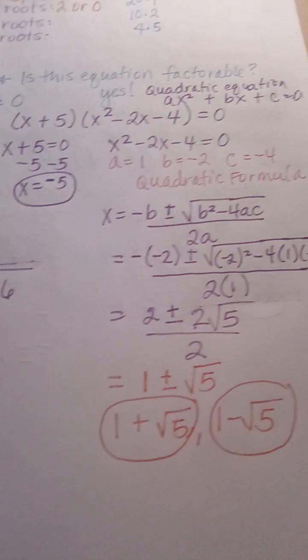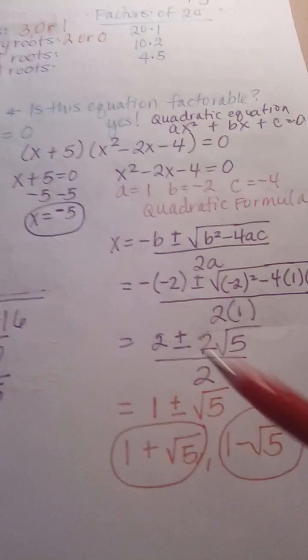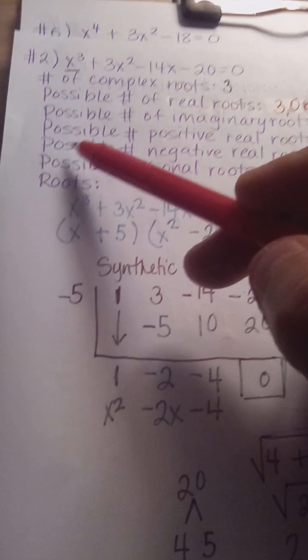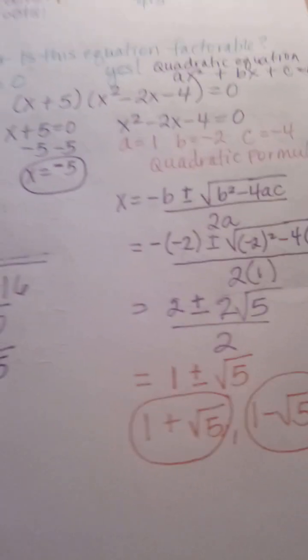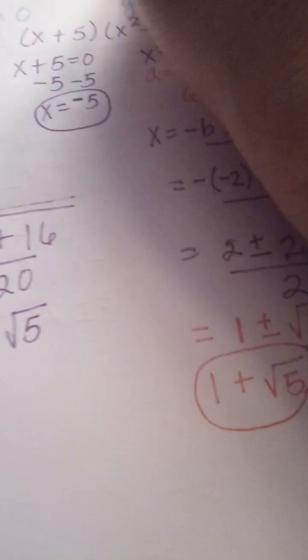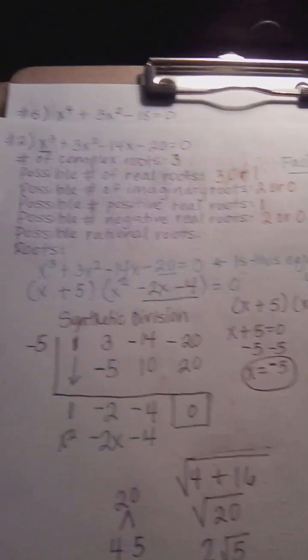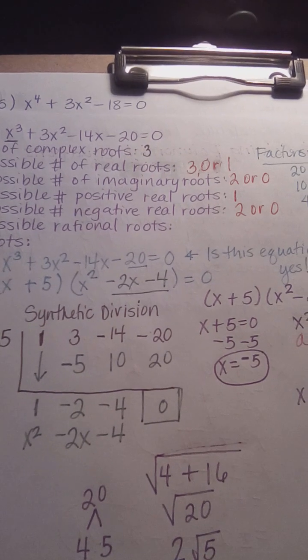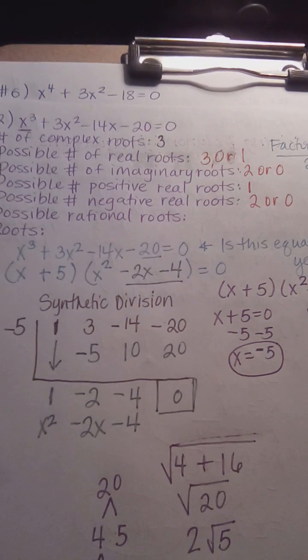What's a positive real root? 1, because the other ones are negative. So we have 1 here. And then possible number of negative real roots is 2 or 0. Okay, we got 2 through 5 done. Any questions on the last 2?